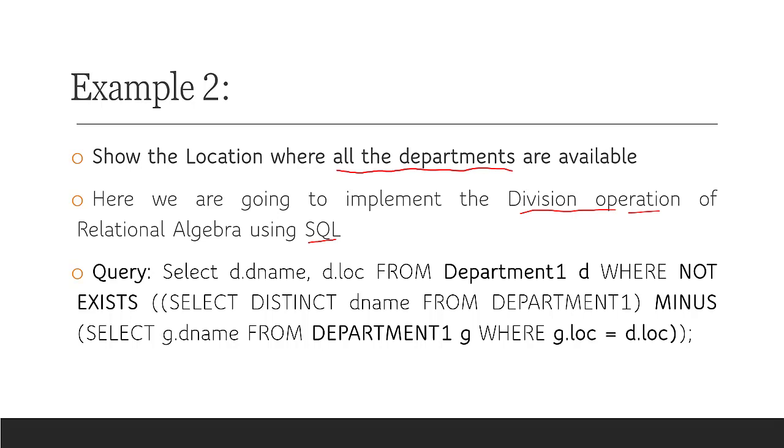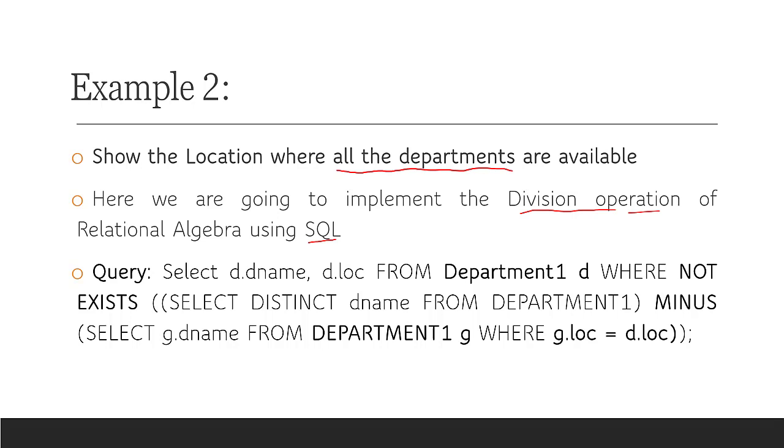What value it is returning is not my concern, but whether it returns any value or not. If we use the EXISTS clause, then if the inner query is returning any tuple, EXISTS will give me true, else it will give me false.